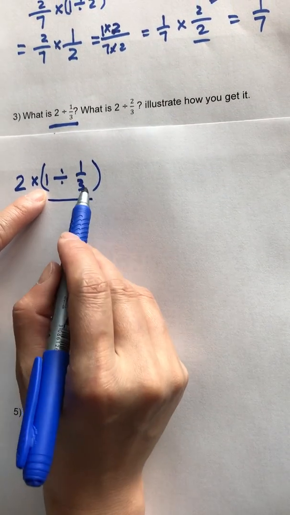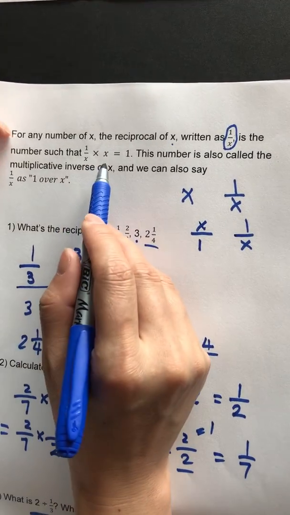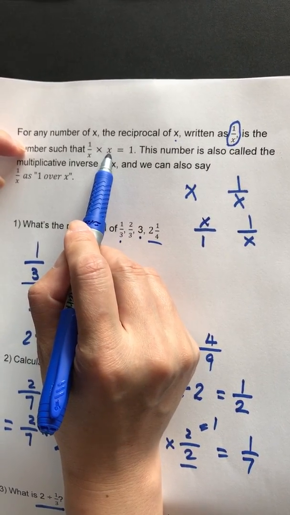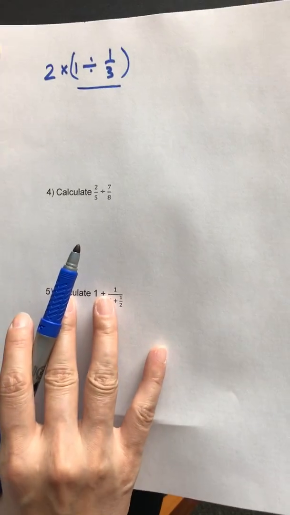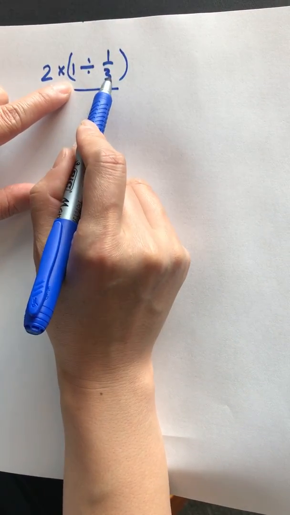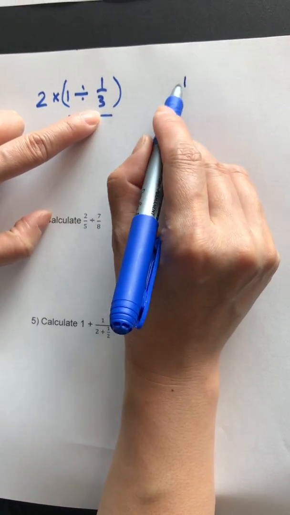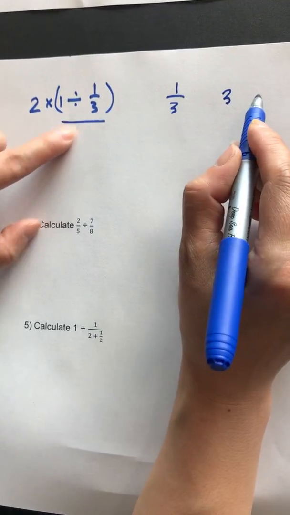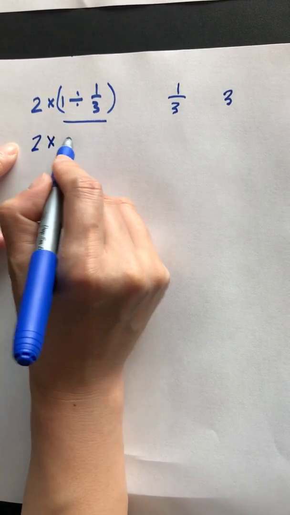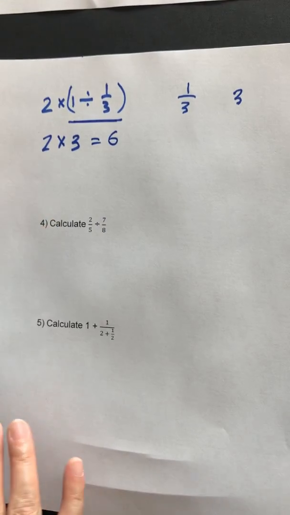Remember our definition for reciprocals: if you have some number, you want to find the reverse of it, it is 1 over that number, right? So that's the reciprocal. So 1 over 1/3 is actually the reciprocal of 1/3. So 1/3, swap numerator and denominator, the reciprocal is 3. So now you have 2 multiplied by 3, which is 6.